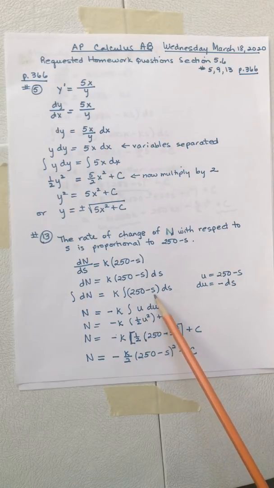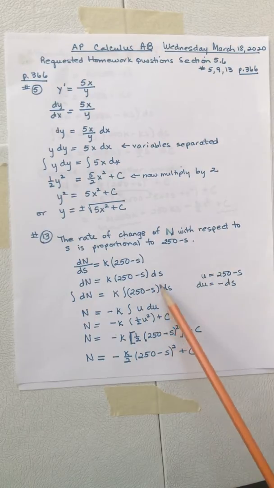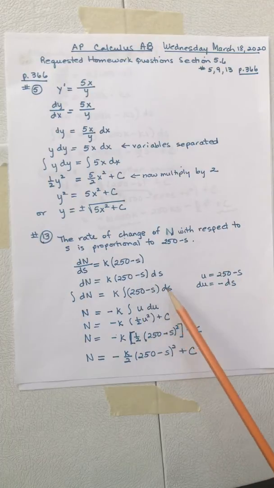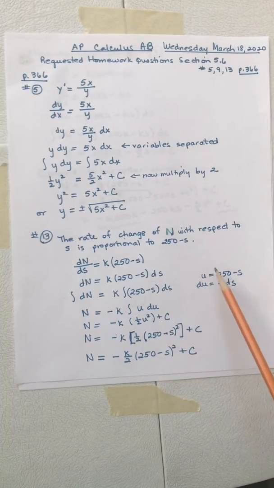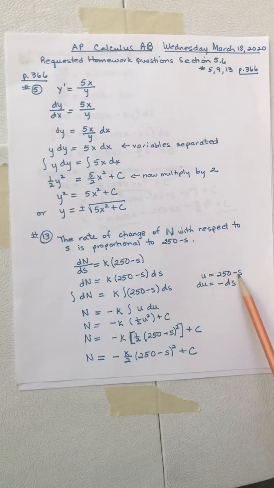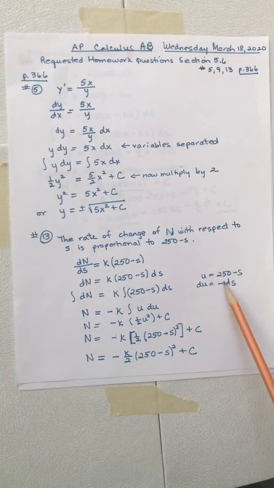What they did was use a u-substitution on this. I know it doesn't really look like one, but they took u to be 250 minus s, and then du would be negative 1 ds, from the derivative of negative s. So let's go back and look.